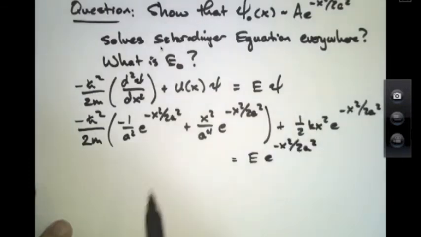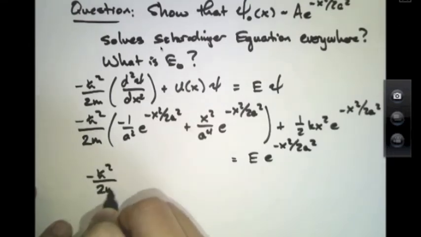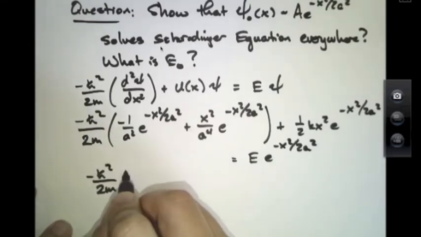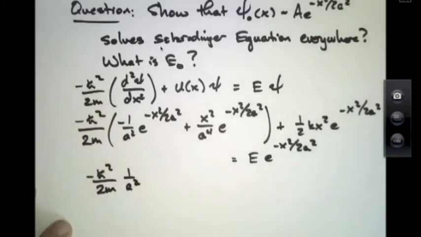Okay. Now we're going to let all the factors of this exponential drop away. And we have minus h bar squared over 2m times 1 over a squared. That's this first term.